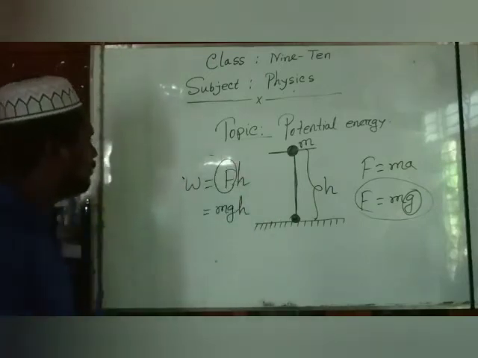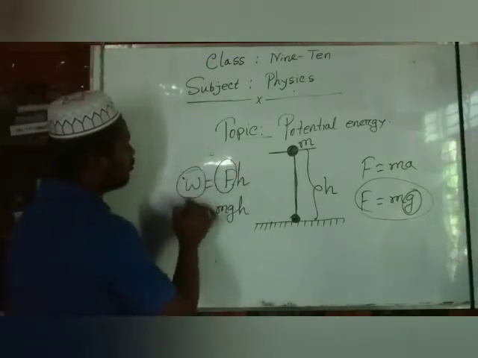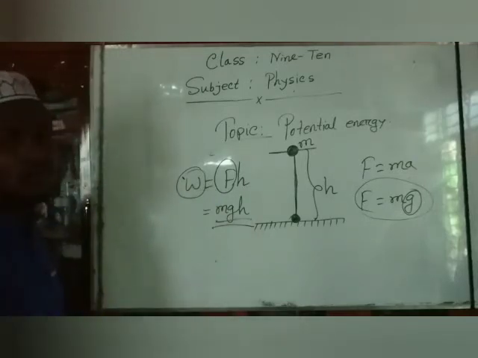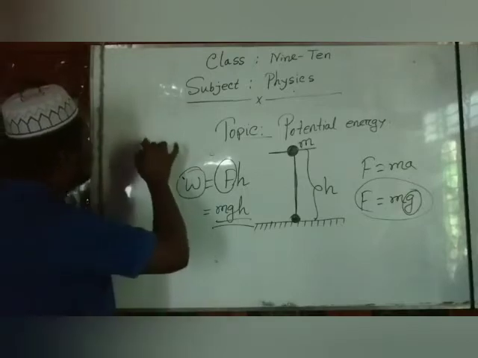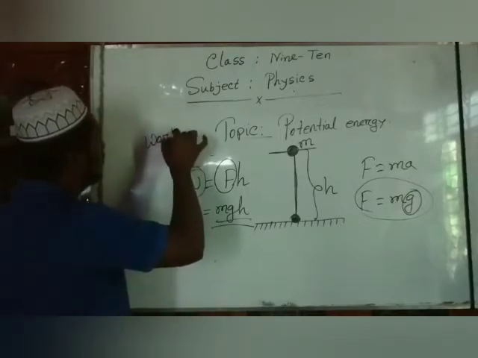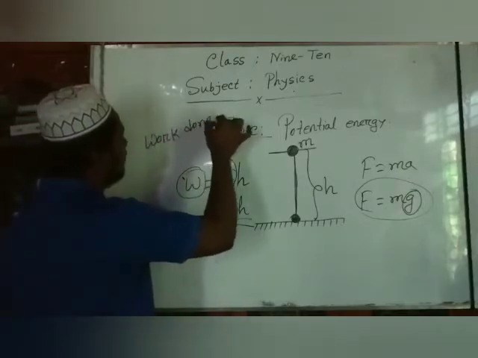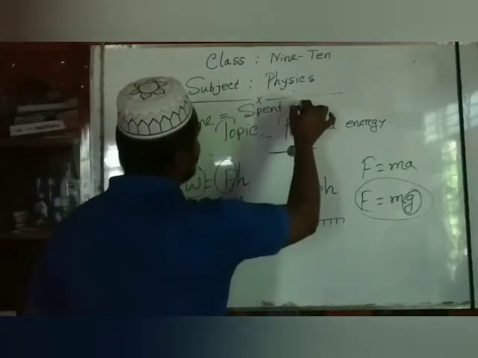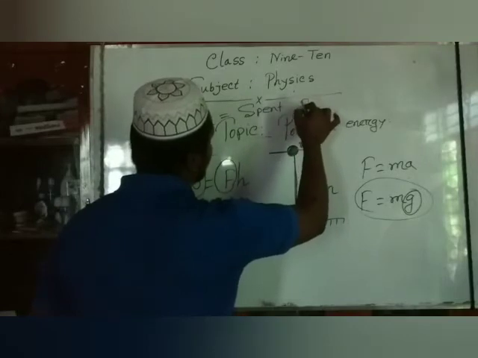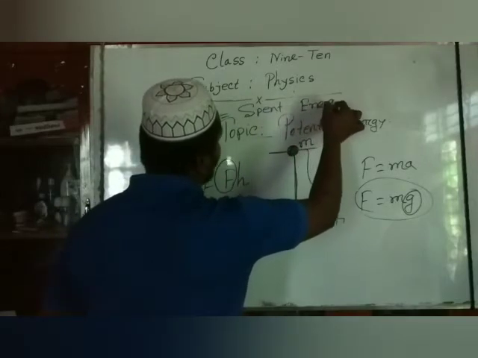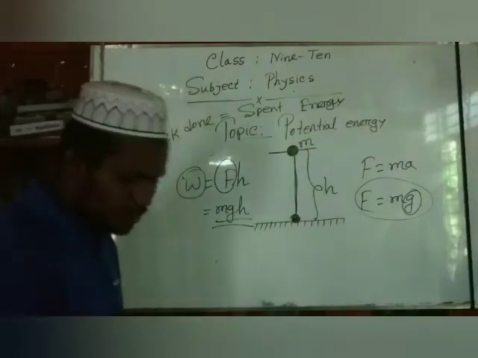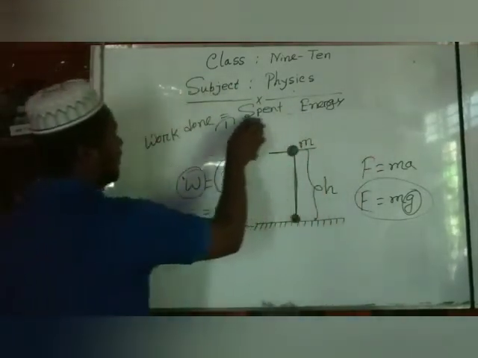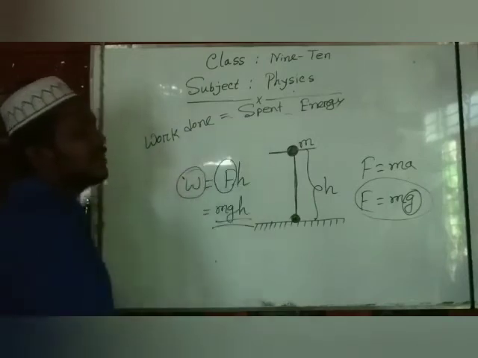So now we say that the work done W is equal to mgs. We know that the work done is equal to spent energy, as you know from the last lecture. So here the work done is equal to spent energy, which is included in the potential energy.